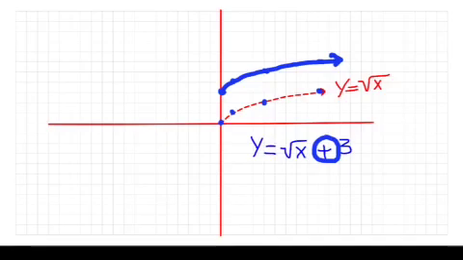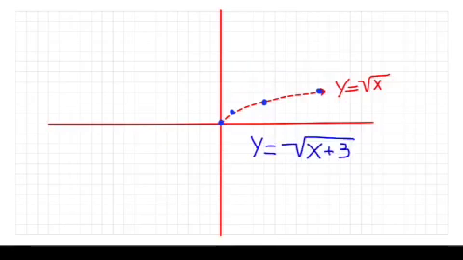So adding or subtracting outside of the function shifts the graph up or down. It's a vertical translation. Now this one's different. This time we've added 3, but it's inside the function, underneath the square root. Whenever we add or subtract inside a function, that has the effect of moving the graph left and right. When it's plus, it moves left. Seems a little backward to what we're used to when we graph. And when it's minus, it moves to the right. So the effect here would be to take each point, starting with the end point, and move them 3 to the left.